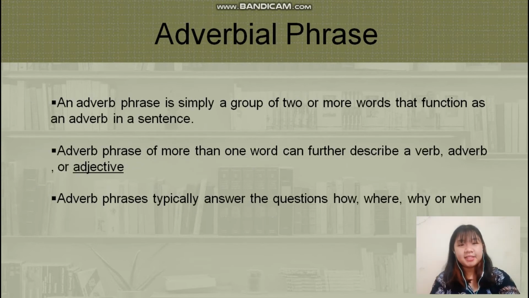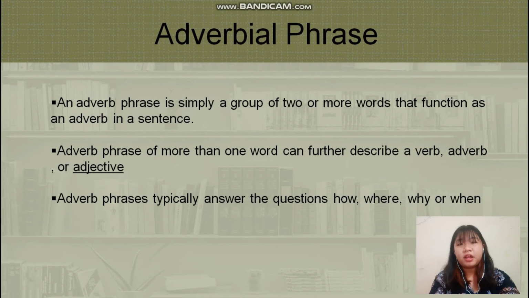Last but not least, there is adverbial phrase. An adverbial phrase is simply a group of two or more words that functions as an adverb in a sentence.